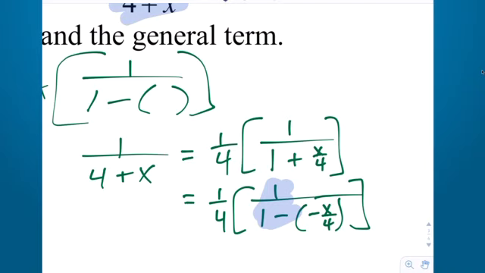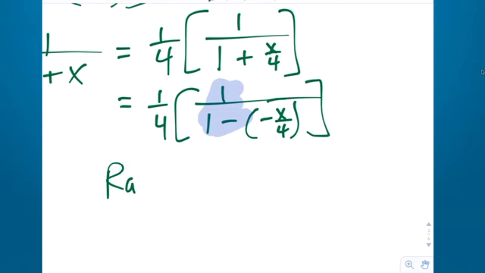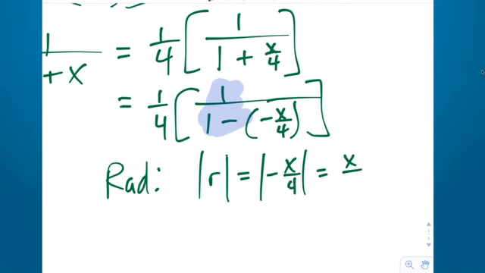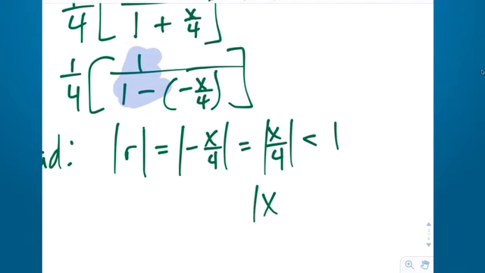Now let's quickly find the interval of convergence right before lunch. The radius of convergence, remember, because it's geometric, the absolute value of the ratio is the absolute value of negative x/4, which is positive x/4. And we want it to be less than 1, always. So if I multiply both sides by 4, I get the absolute value of x, or x minus 0, is less than 4.